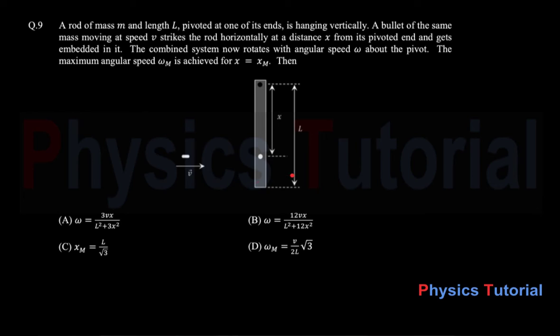So m v x equals I omega, where I is the moment of inertia of the system.